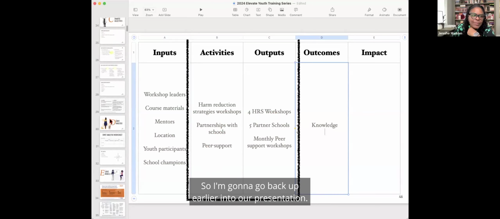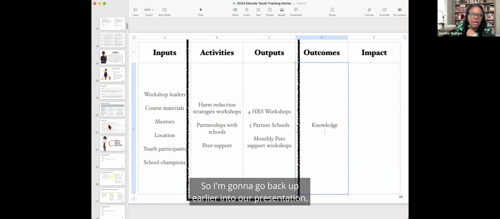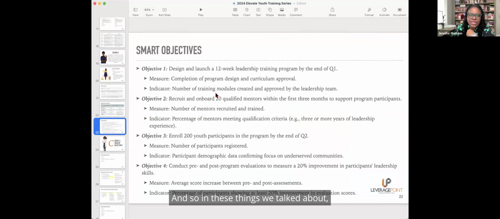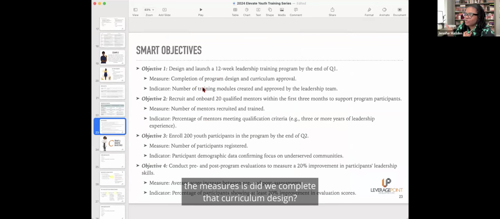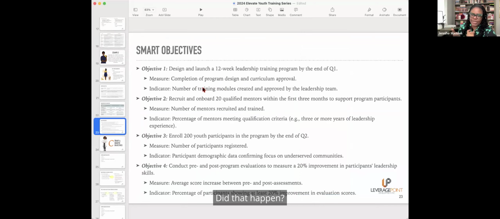So I'm going to go back up earlier into our presentation. In this curriculum design, the measure is, did we complete that curriculum design? Did that happen? How many training modules did we create for that harm reduction training workshop? So now you're clear about what that measure is and what indicates if you've reached that goal or not.